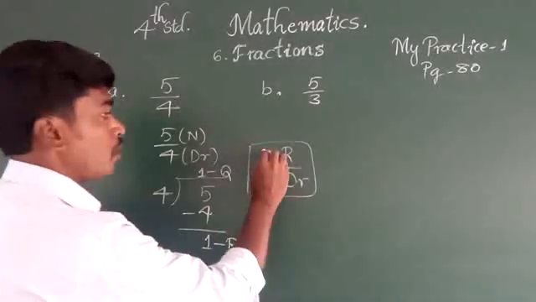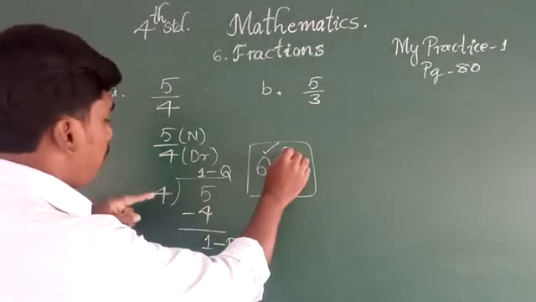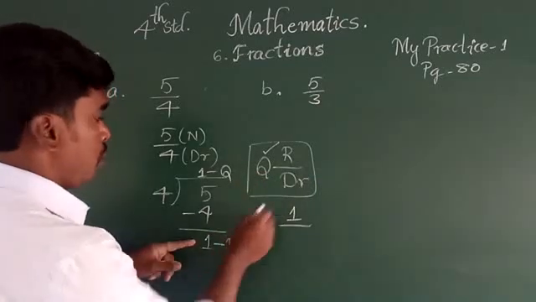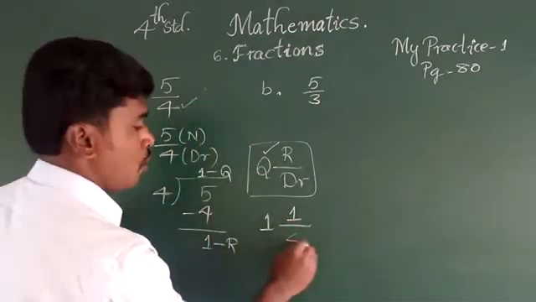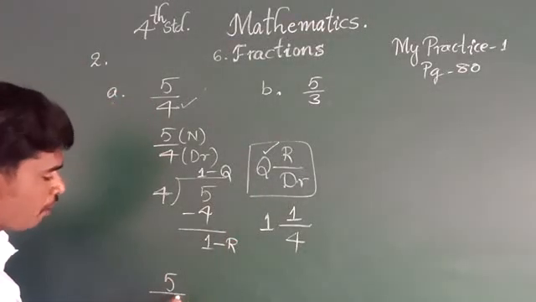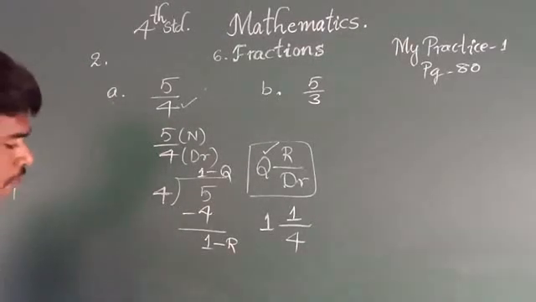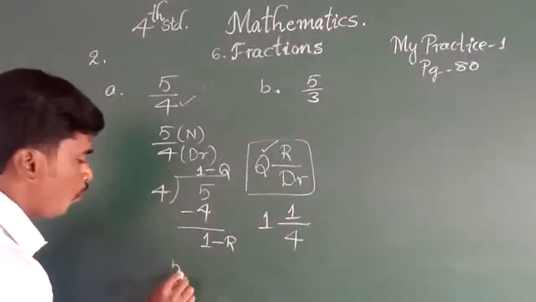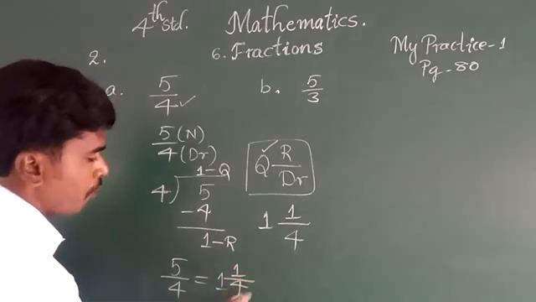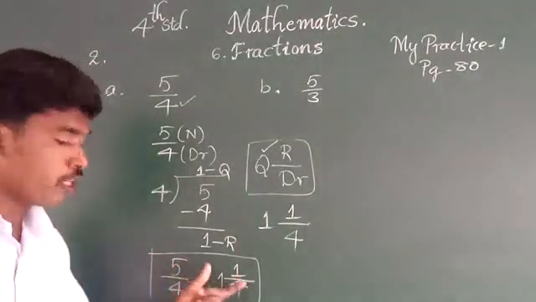What is the quotient here? 1 is the quotient, the remainder is again 1, and the denominator is 4 itself. So 5/4 can be written as 1 and 1/4. This is the conversion of an improper fraction into a mixed fraction.